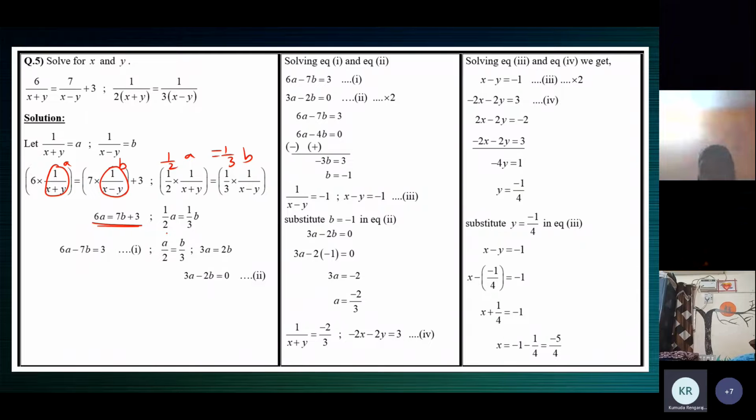Second equation, half a is equal to 1 by 3b. Let 1 by x plus y be a, 1 by x minus y be b.